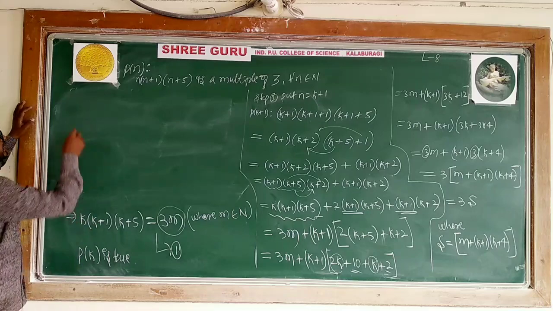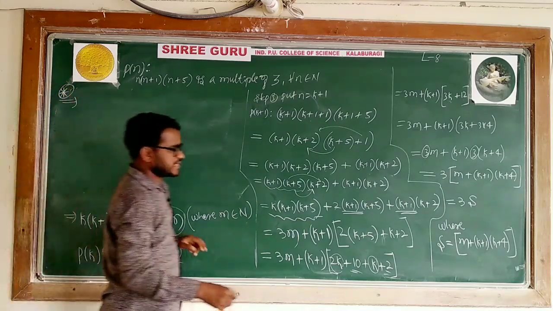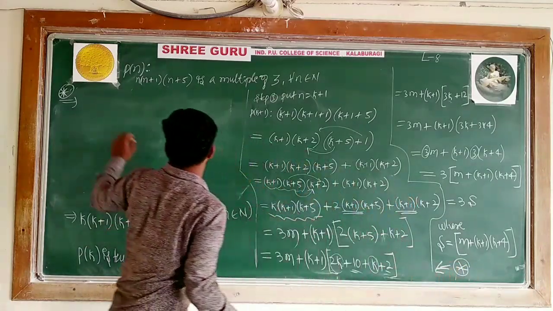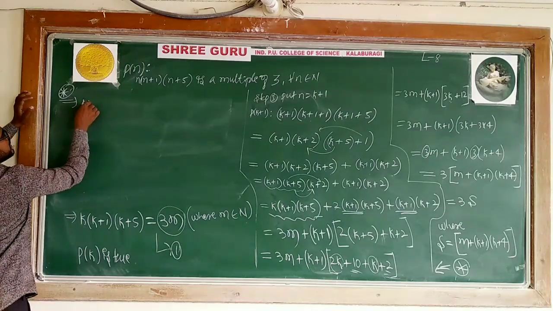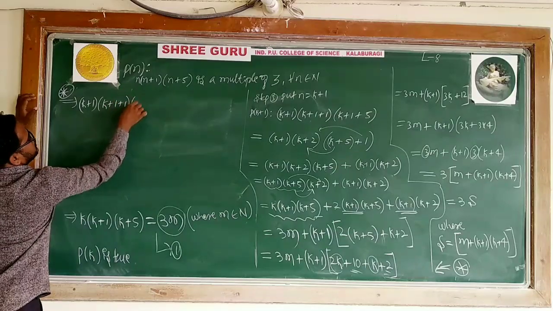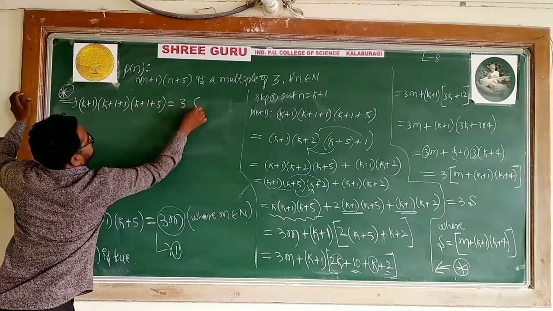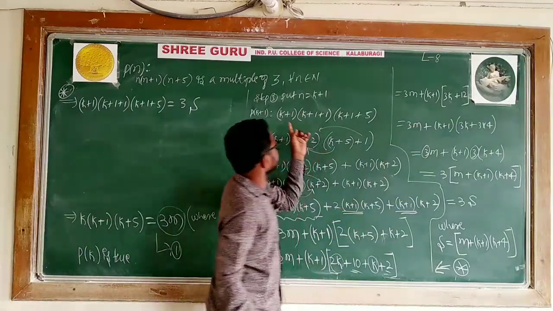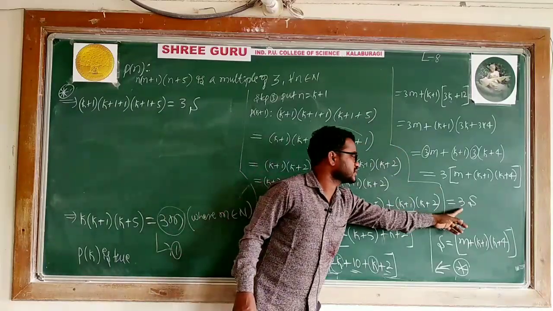It implies that, see, I will say star. Star implies, this I will continue. Star implies what we are saying actually, K plus 1, K plus 1 plus 1, K plus 1 plus 5 is equal to 3 into S. Because see, this LHS side equals what we got, 3S.